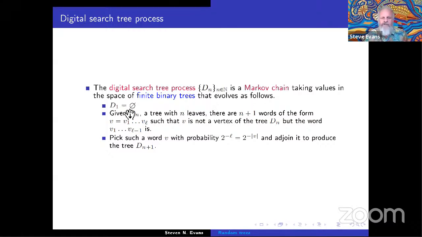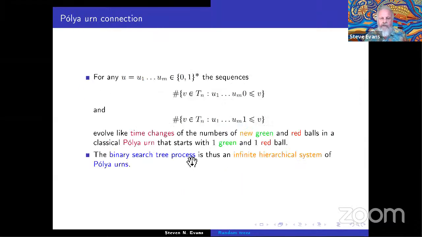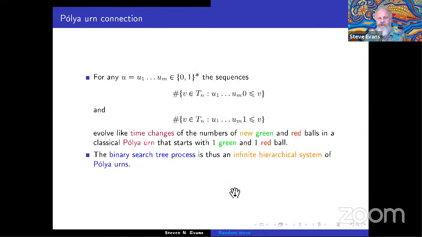Again, you start with the trivial tree that just consists of the root. And again, at time n, you've got a tree with n leaves, and there'll be n plus 1 neighboring words that are defined in the same way, right? There's these neighboring words that are possible ways of extending the tree.